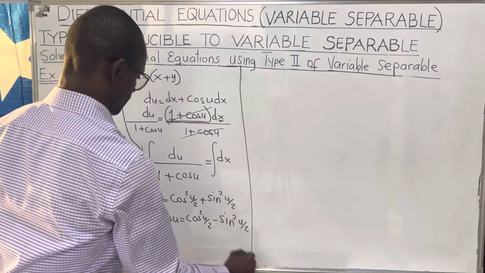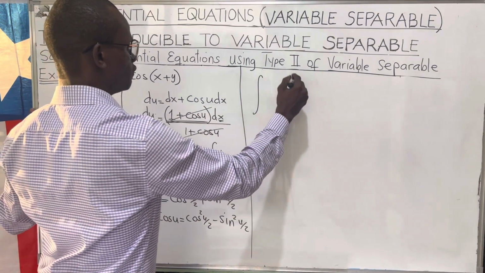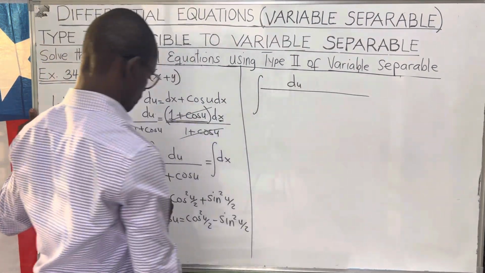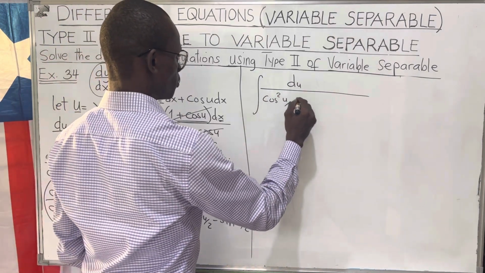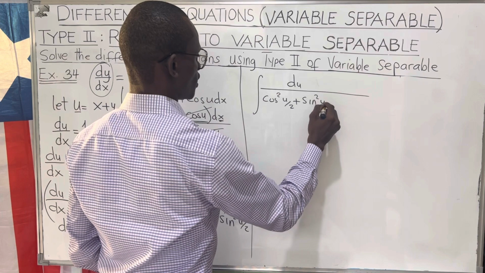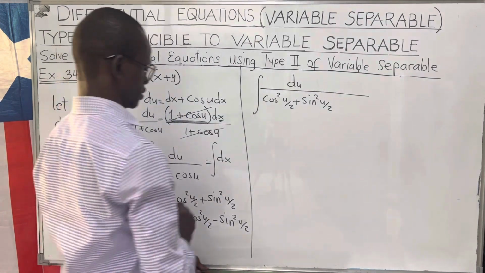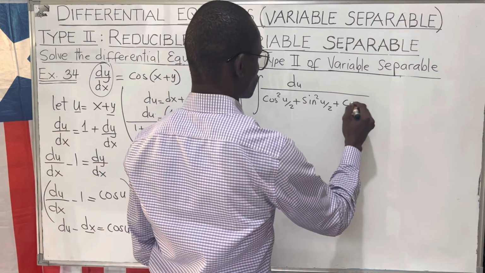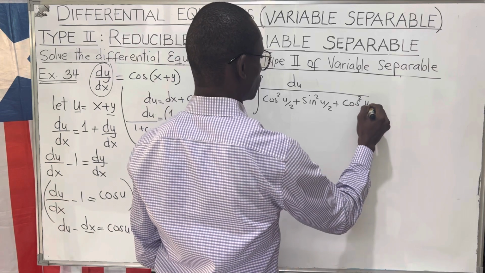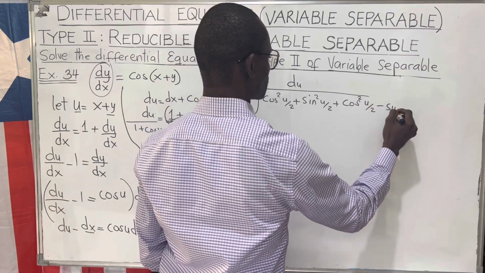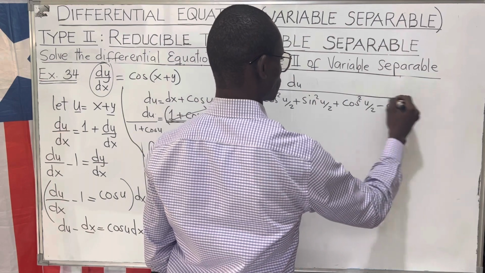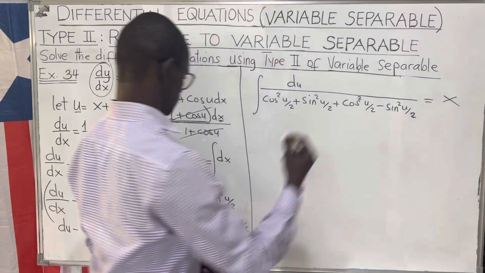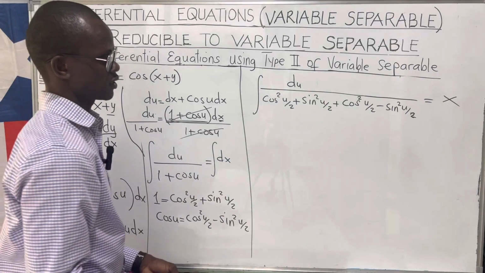So we now replace. We have the integral of du all over cos square u over 2 plus sine square u over 2 plus cos square u over 2 minus sine square u over 2, all equals to x, because the integral of dx is just x.